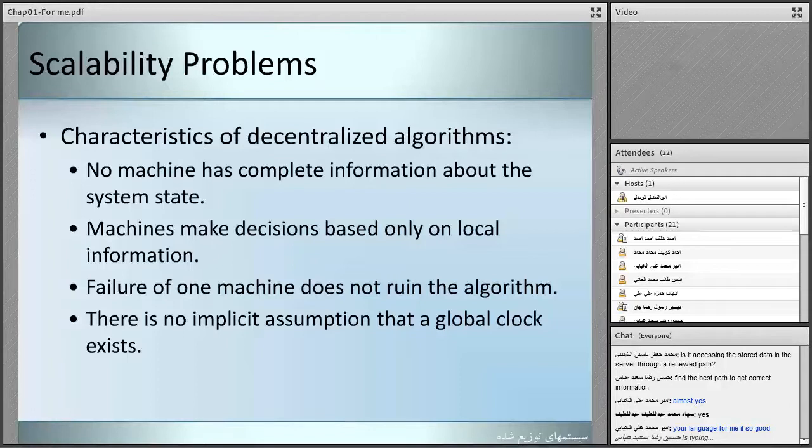The hour and the minute and the second are the same. Maybe the millisecond is the same, but the microseconds are not the same, because it's not possible to exactly sync the time in a network. So we cannot assume that a global clock exists in our network. Clear?